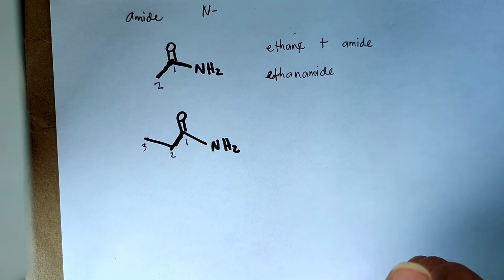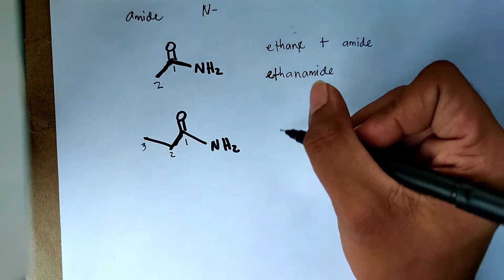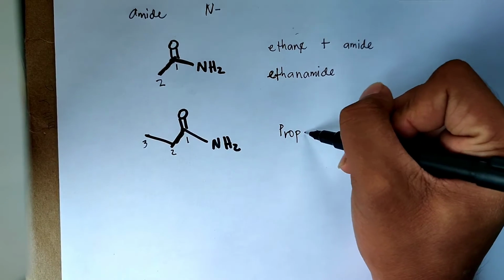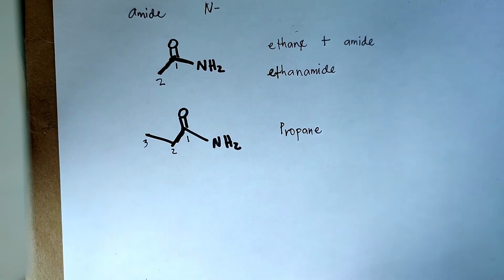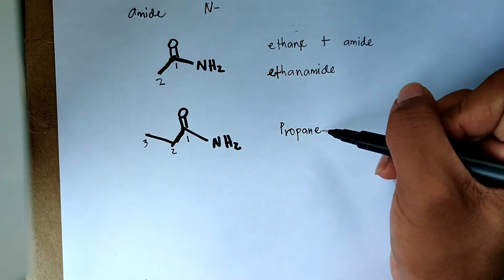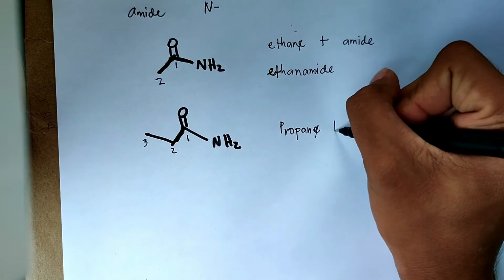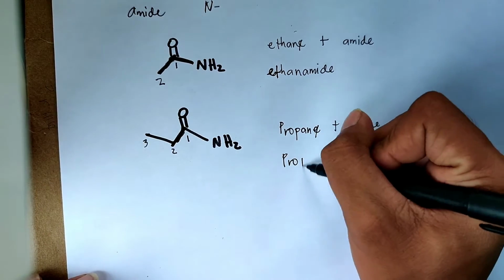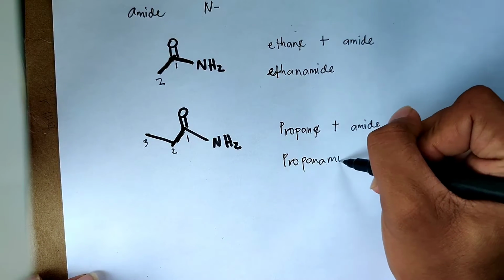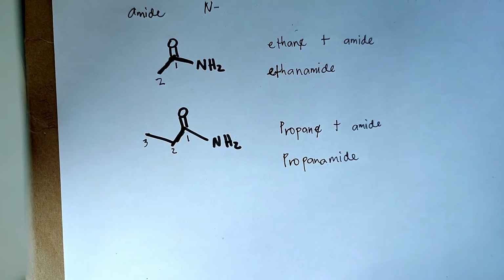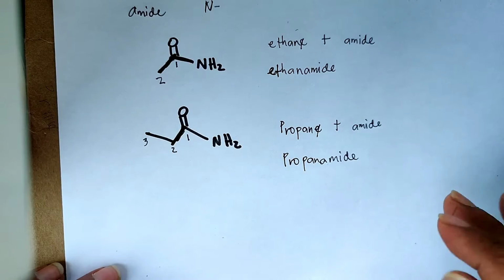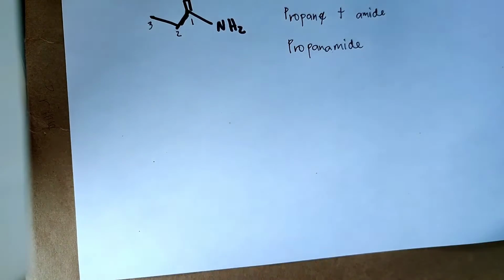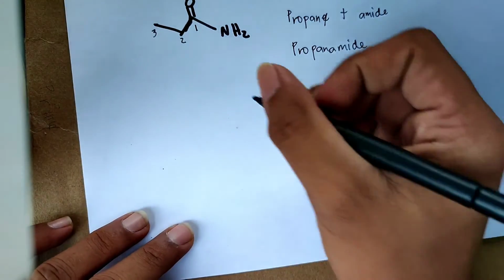Three carbons is what we call propane. Then we take the E and add amide. So it becomes propanamide. Propanamide. Simple.